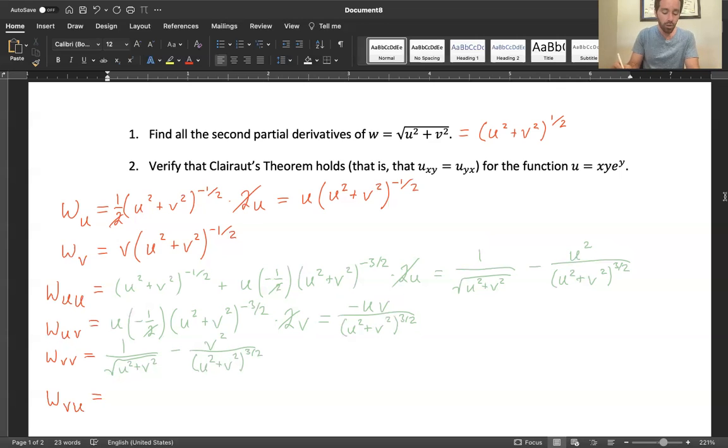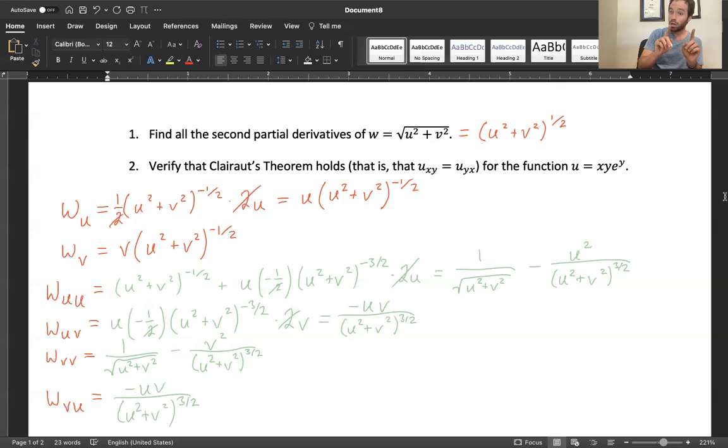But actually, you know what? I will say exactly that, because it is true. The same thing happens here, that the U and the V have switched places. It used to be that WU was U on the outside, but now WV has the V on the outside, and everything else is reversible. So this is going to be negative UV over U squared plus V squared to the power of 3/2.